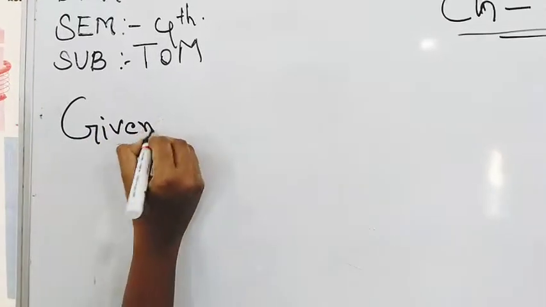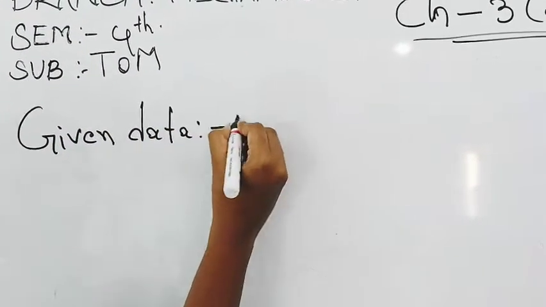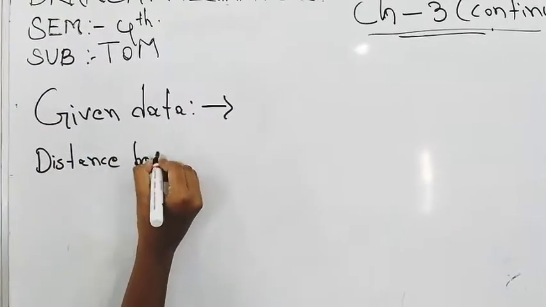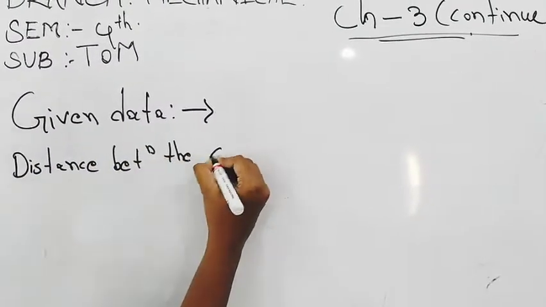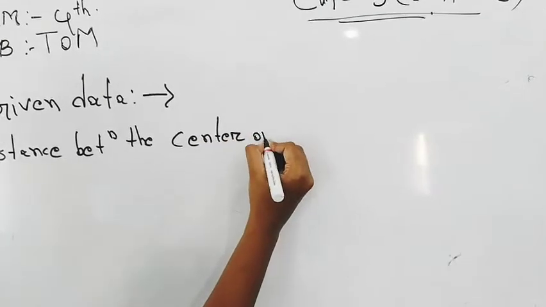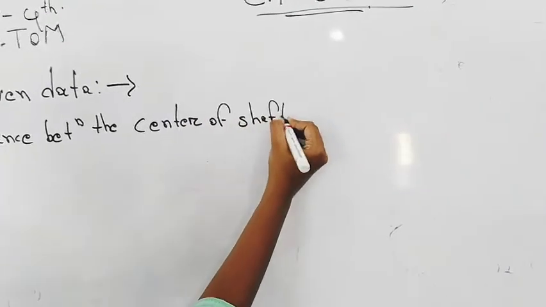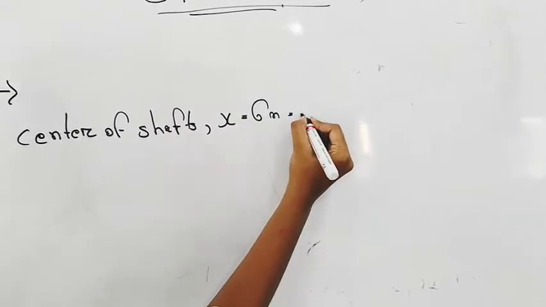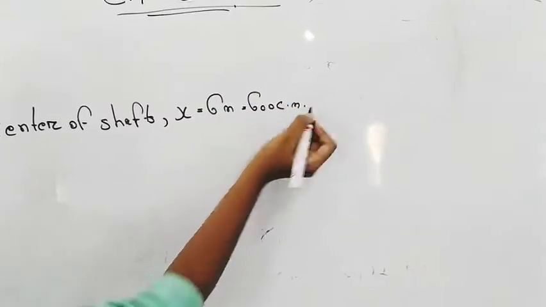Given data: the distance between the centers of the shafts, x, is equal to 6 meter, which is 600 cm.